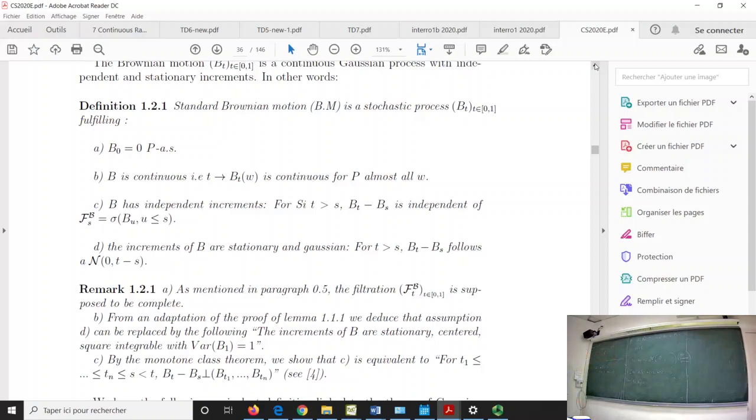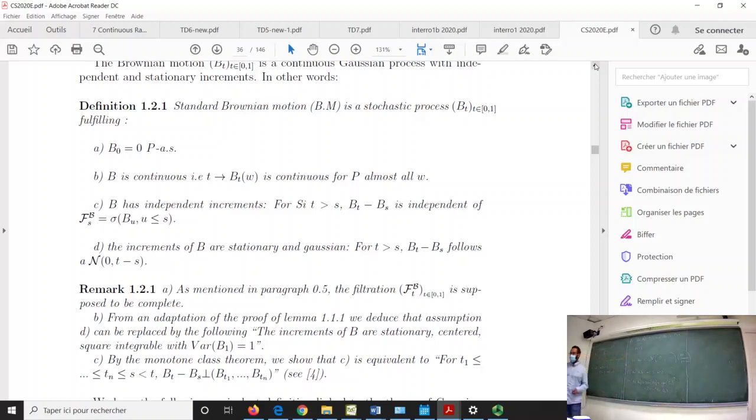So I have the variance of a difference. It's possible for me to compute it. What is the formula for the variance of a difference? It's the variance of Bt plus the variance of Bs minus 2 times the covariance between Bt and Bs.